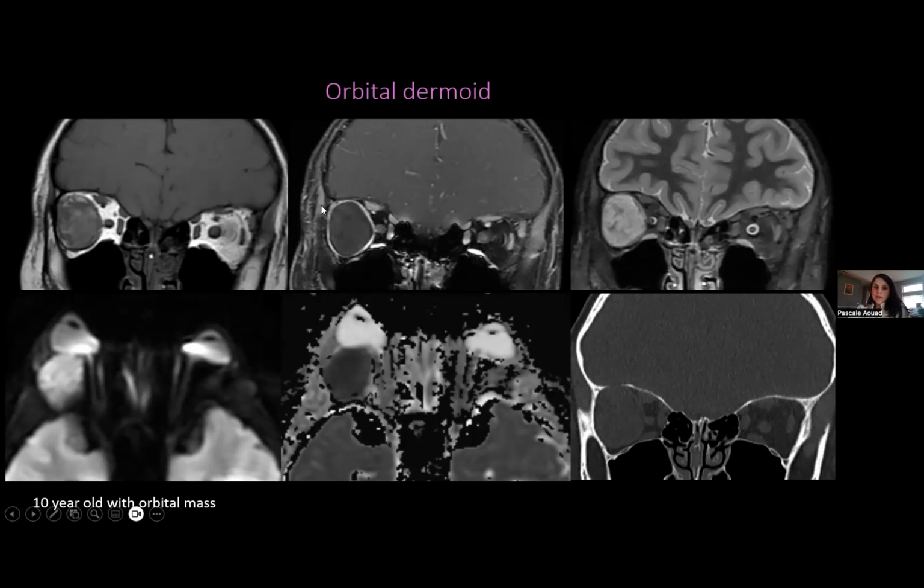Additionally, we can see a rim of peripheral enhancing wall. On T2, the appearance is heterogeneous as well due to some fatty component that is suppressed on fat-sat. This lesion demonstrates restricted diffusion, and there is some associated osseous remodeling with a benign appearance. So all of these features are compatible with orbital dermoid cyst.